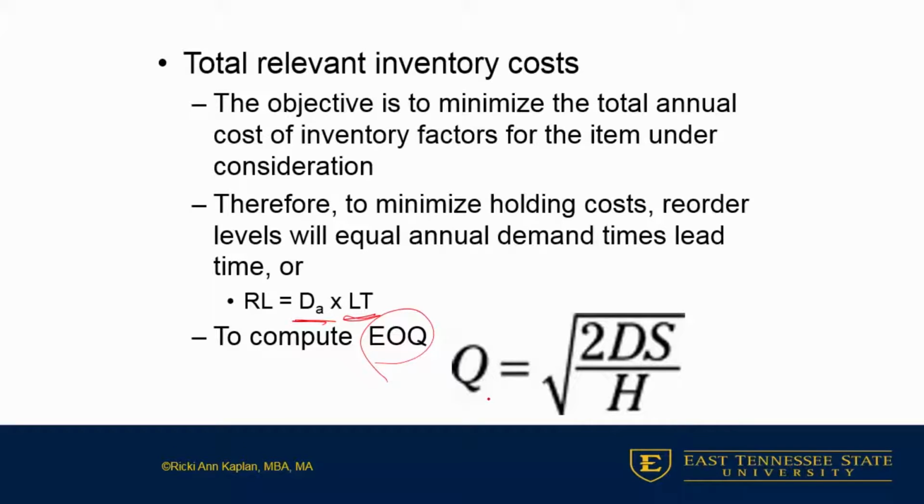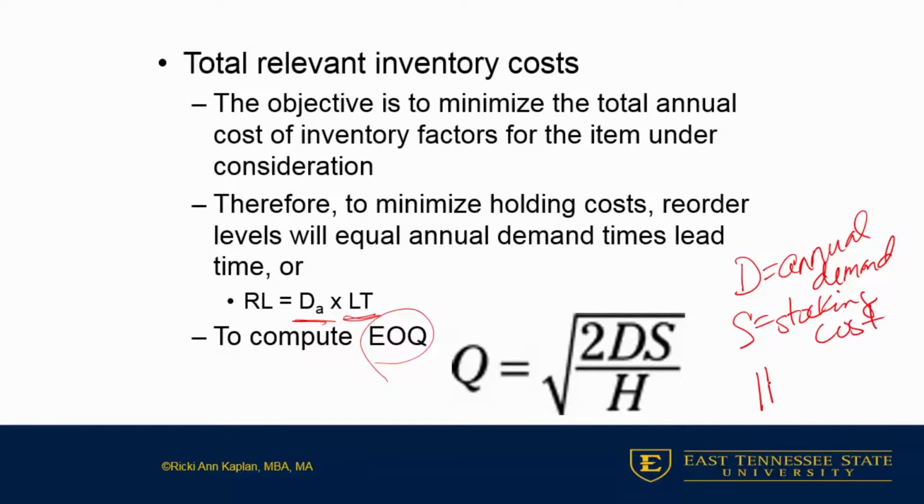While in this class you will not be computing an EOQ, you do need to know that formula and understand that D here is annual demand, S is a stocking cost, and H is a holding cost. LT, of course, we said was lead time. The time from when we place the order to when we receive it is our lead time.